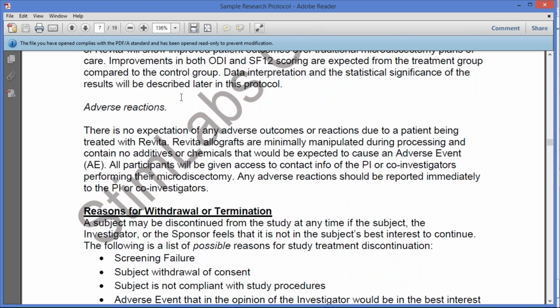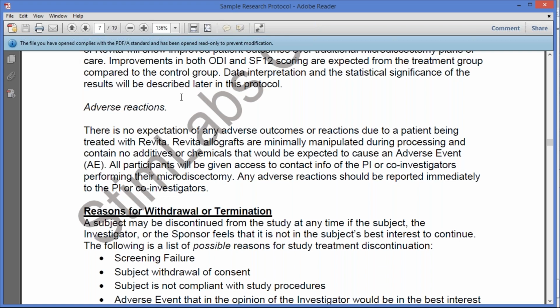Adverse reactions. There is no expectation of any adverse outcomes or reactions due to patients being treated with Revita, because the surgery is not a new surgical process, right? The surgery is an already known method. And Revita is already released and already in the market.